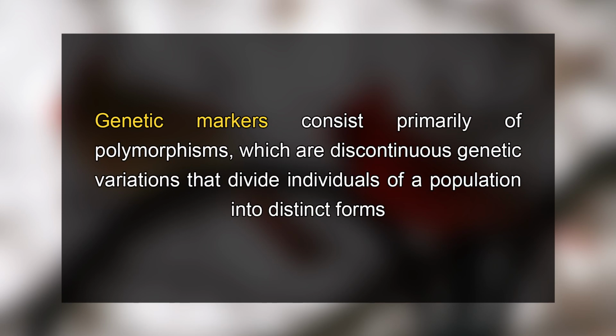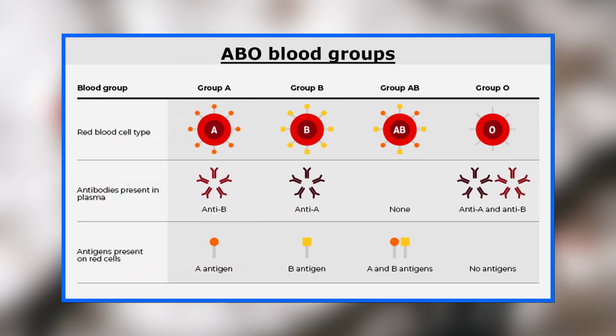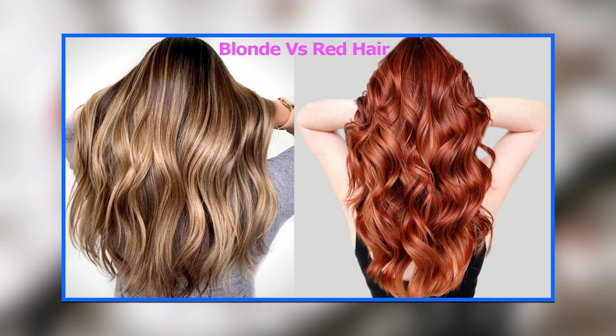The genetic marker itself may be a part of a gene or may have no known function. Genetic markers consist primarily of polymorphisms, which are discontinuous genetic variations that divide individuals of a population into distinct forms. For example, AB versus ABO blood type, or blonde hair versus red hair.